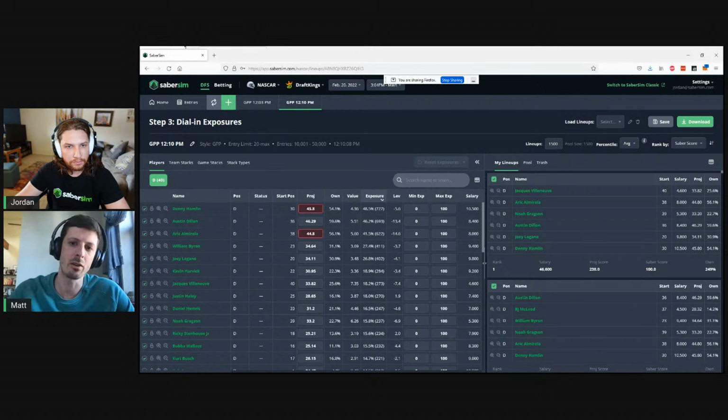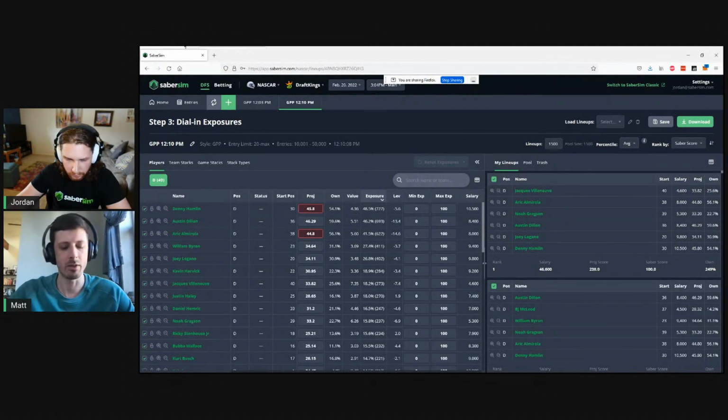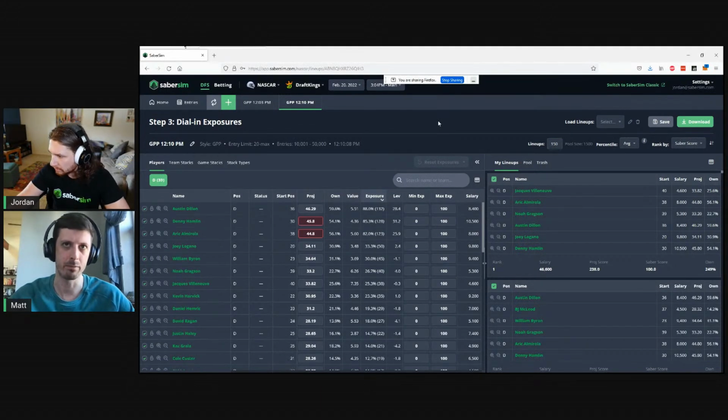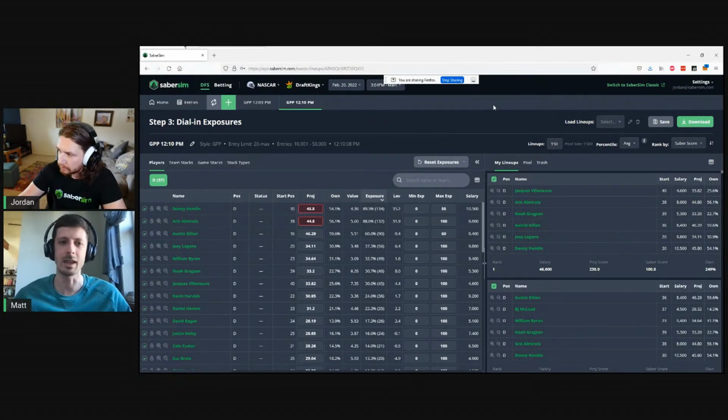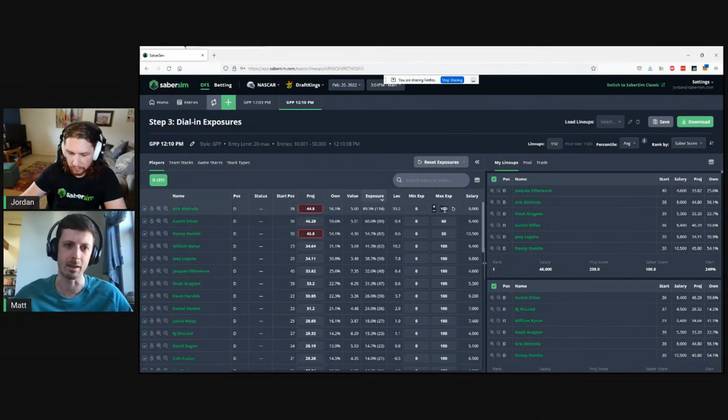On the other side of the coin, something I know some people do, and I've done, is go the other way and say, okay, I don't really want to take huge stands. I basically want to match ownership or come very close to matching ownership, but trust that the edge I get from lineup construction is going to be enough. And so I limit my risk by getting very close to the field on overall ownership of players, but knowing that each lineup I build is going to be one that has upside.